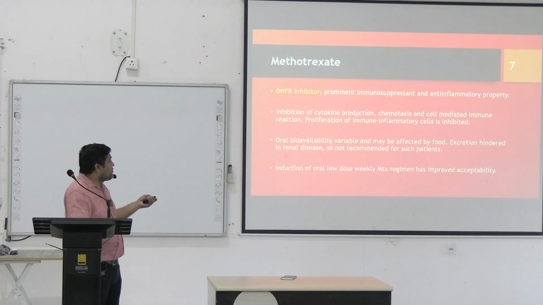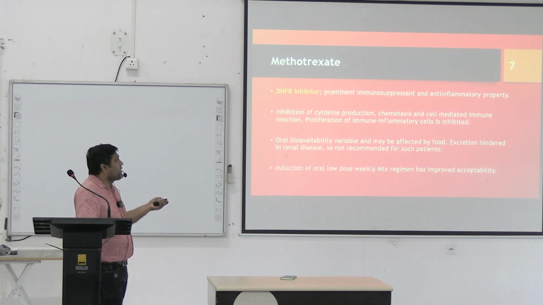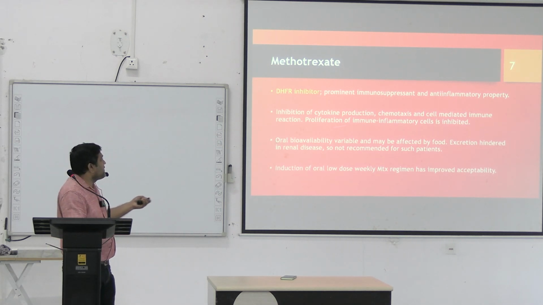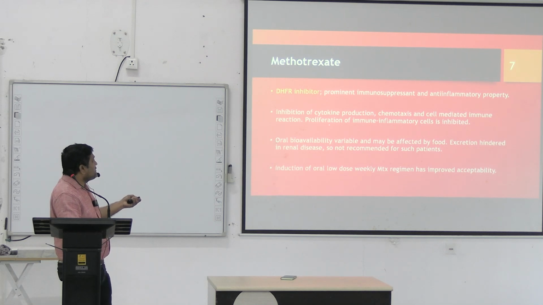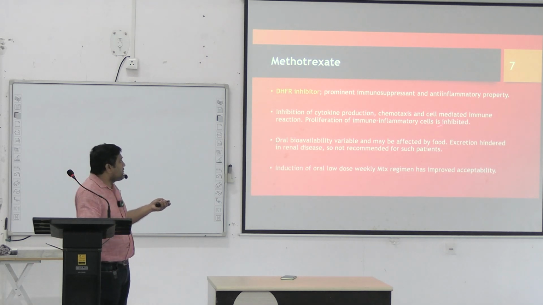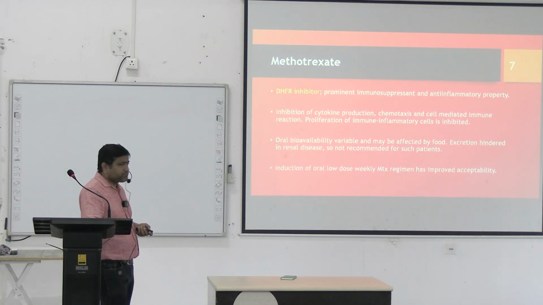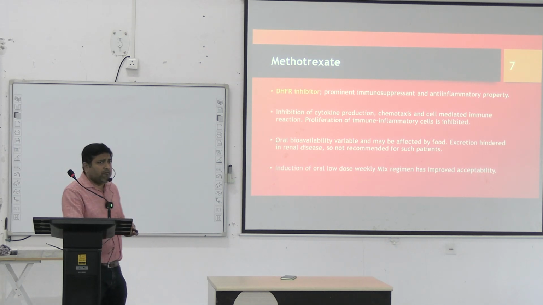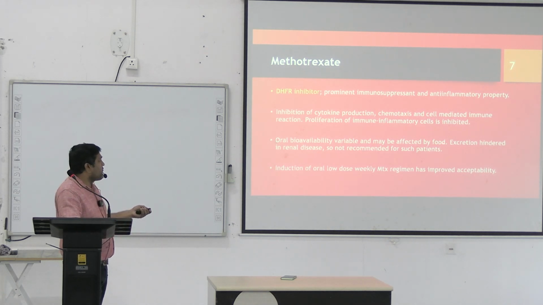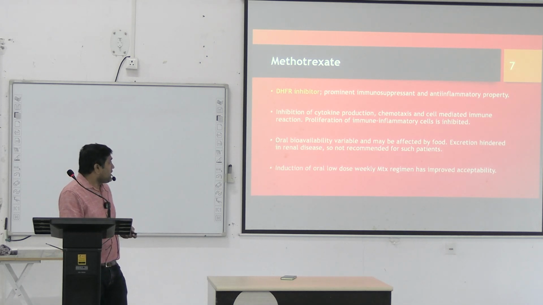They cause inhibition of cytokine production, chemotaxis, cell-mediated immune reaction. Also, the proliferation of immune inflammatory cells is inhibited. Oral bioavailability is variable and may be affected by food, excretion is enhanced in renal disease, so not recommended for such patients.